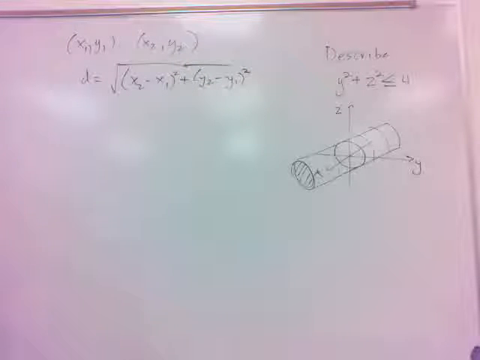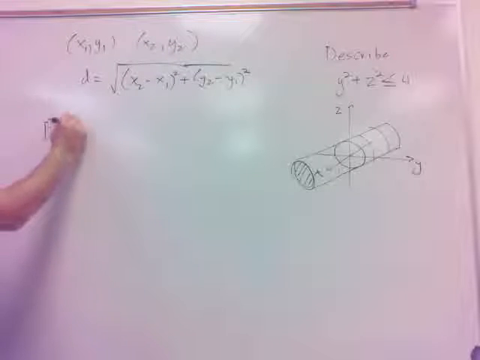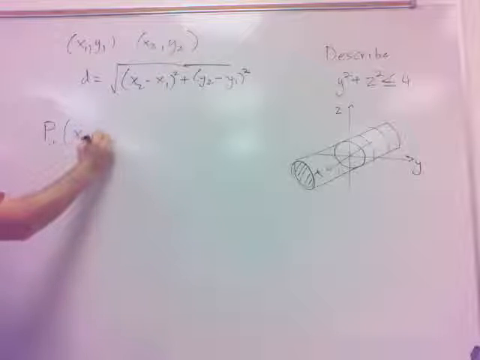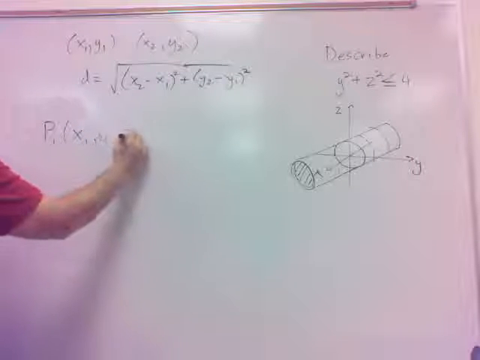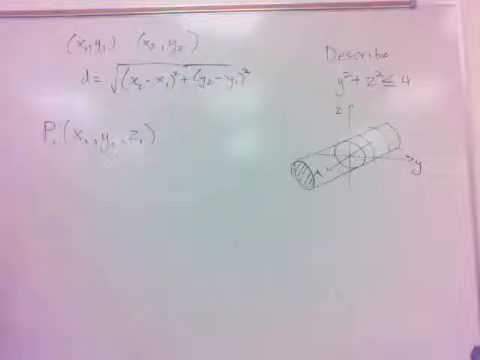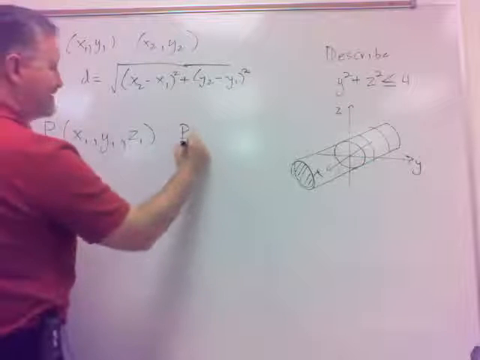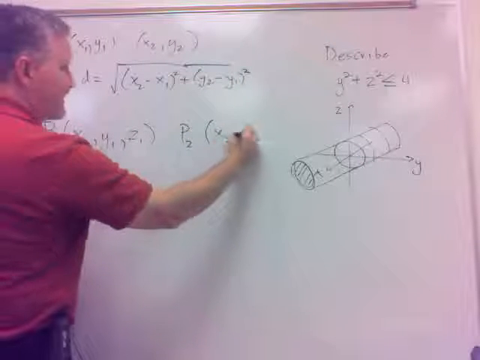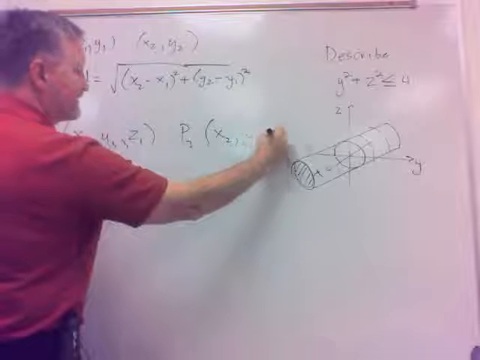That comes from the Pythagorean theorem. Well, in 3 dimensions, let's call point P1 (x1, y1, z1) and P2 (x2, y2, z2).